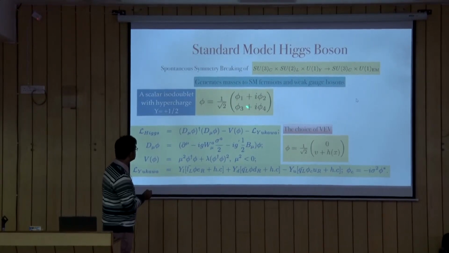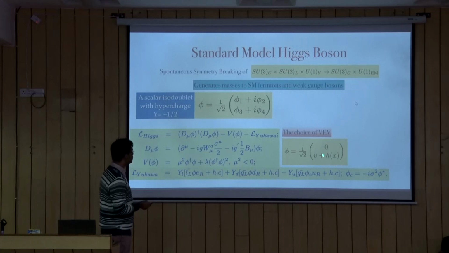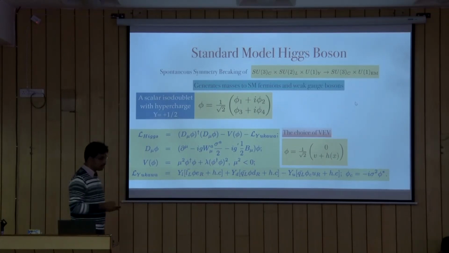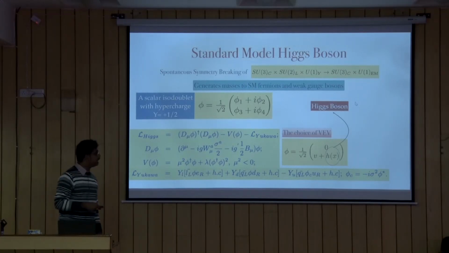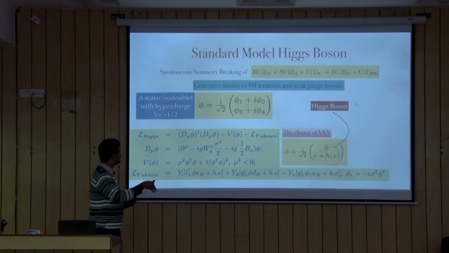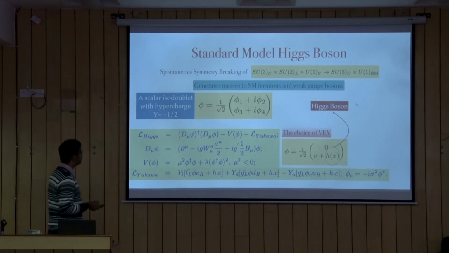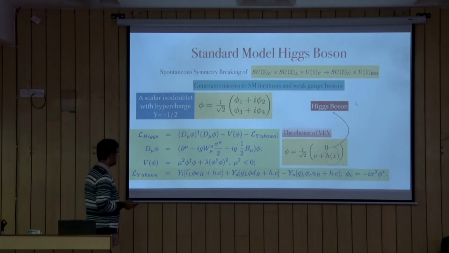assign φ3 the value (v + h)/√2, where h is the fluctuation about the vacuum, which is the Higgs boson, and the other massless fields become the Nambu-Goldstone bosons, which are responsible for giving masses to the W and Z bosons.